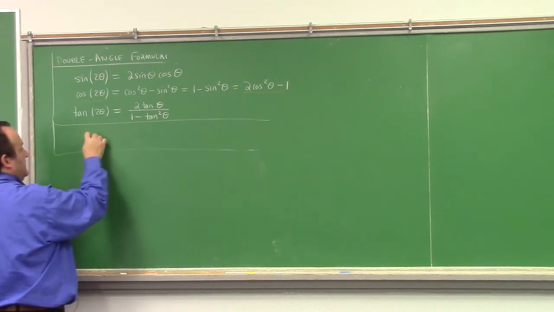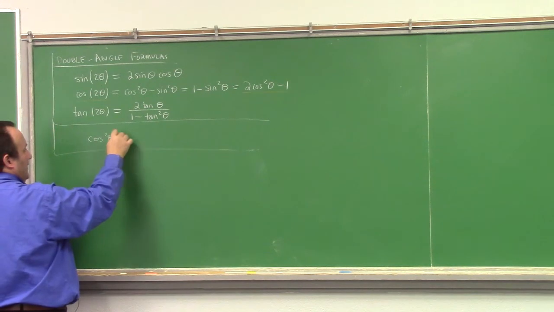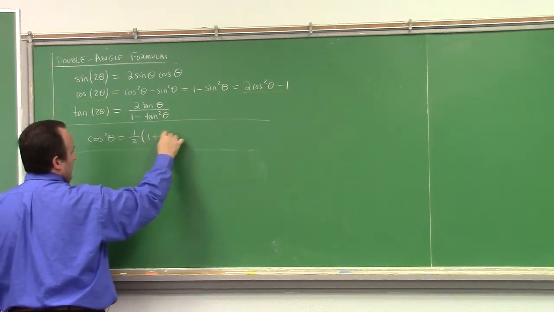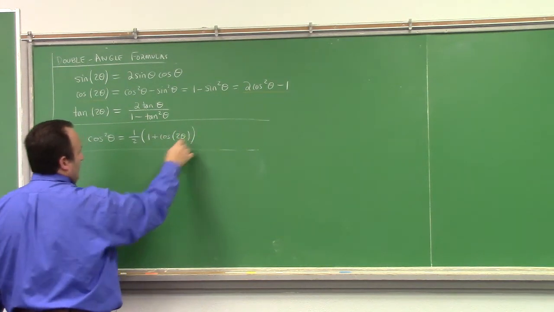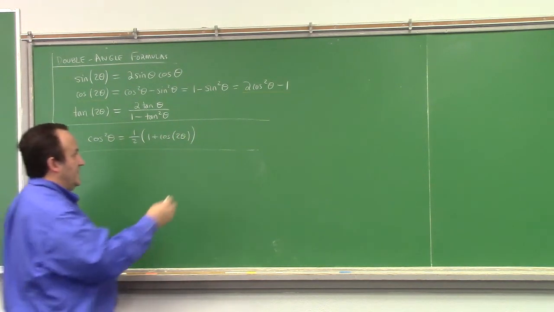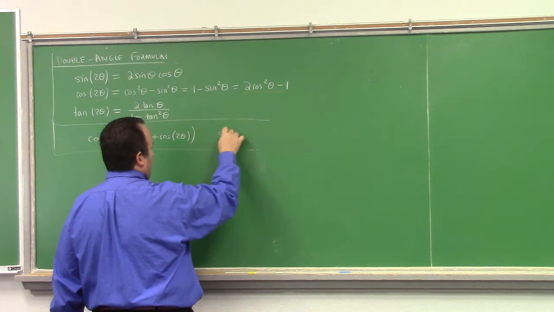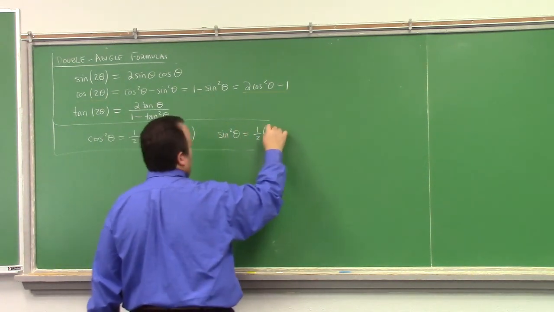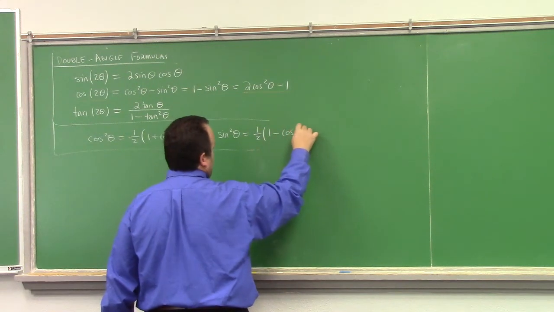We get cosine squared theta is 1/2 of 1 plus cosine 2 theta. And then you can also prove that sine squared theta is 1/2 of 1 minus cosine 2 theta.